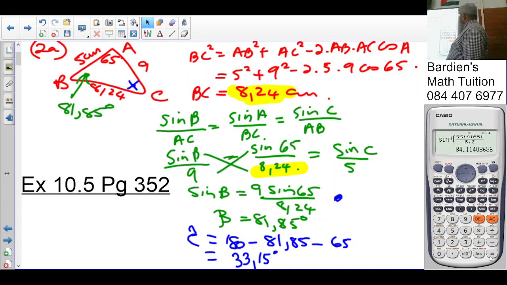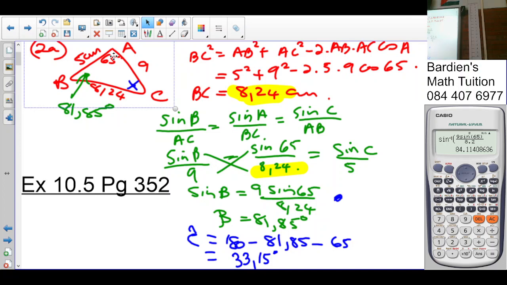I've got this, what I did was 5 sine 65 over 8.2. You use 8,2, which I used as well. But I'm getting 84,11. No, not 5 sine 65, 5. So you did sine 65 over 5?